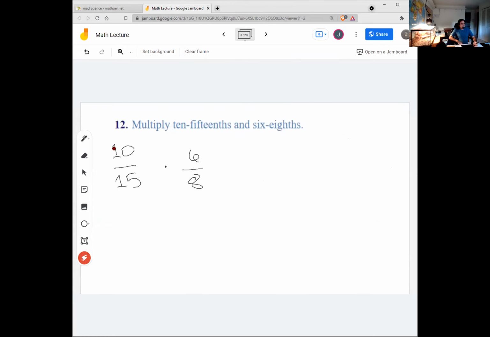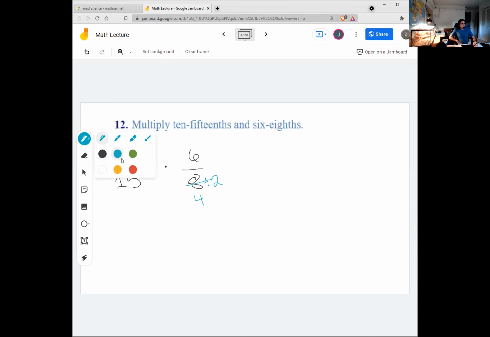And so in this case, what's something that I have common factors of, some number, top and bottom? I might notice, oh, I can say, let's do a divided by 2 here and a divided by 2 here. And that changes this into a 5, and that changes this into a 4.